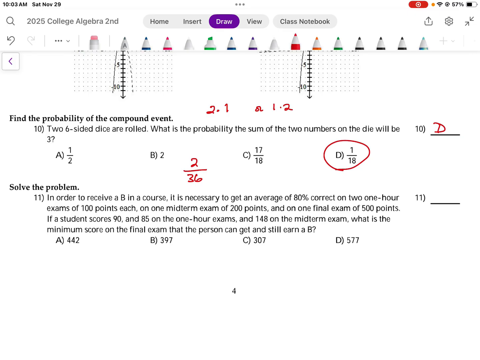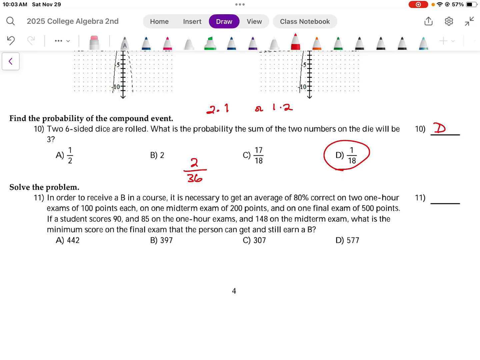All right, number 11. In order to receive a B in the course, it is necessary to average 80% on 2 one-hour exams, each worth 100 points, a midterm worth 200 points, and a final exam of 500. Great. If a student scores 90, 85, and then 148 on the midterm, what is the minimum score for them to earn a B?